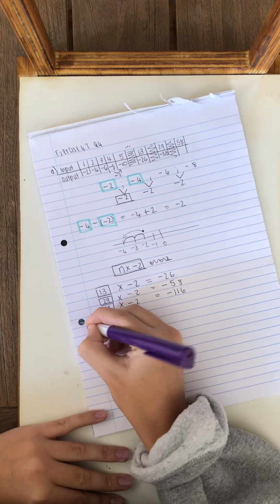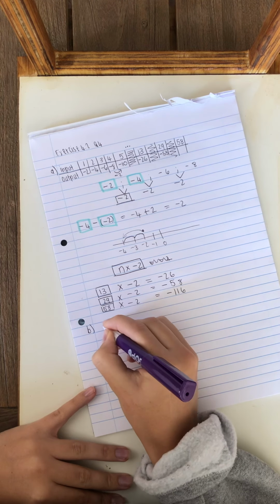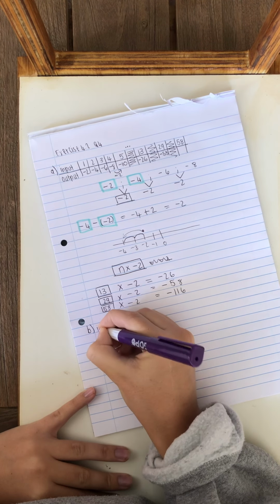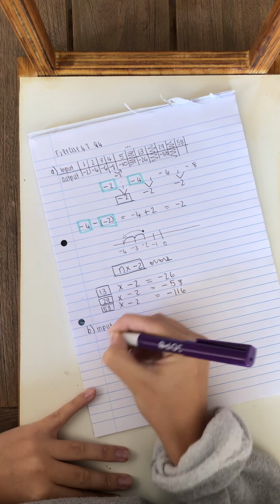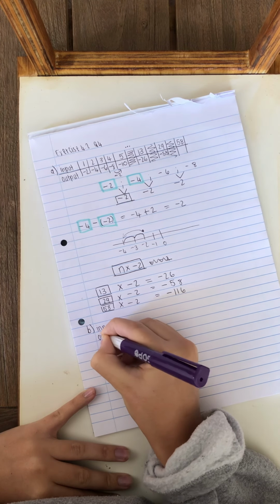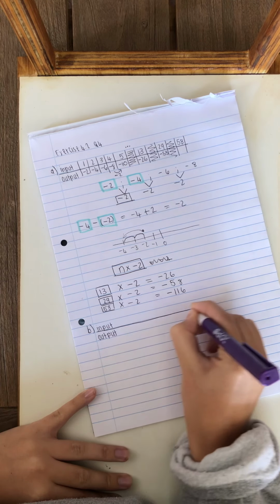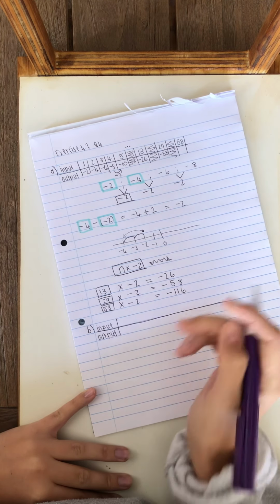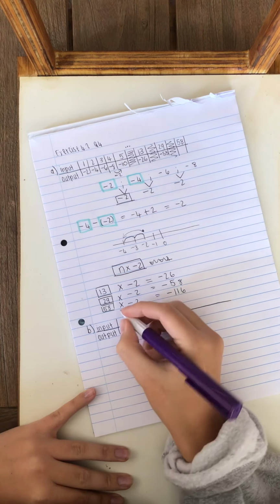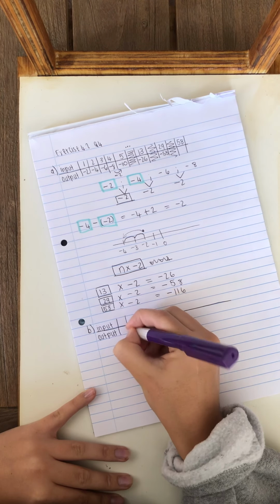If I look at B, B is a bit of a higher level question, which required you to analyze it and get a formula just by looking at it. So I'll show you guys now.